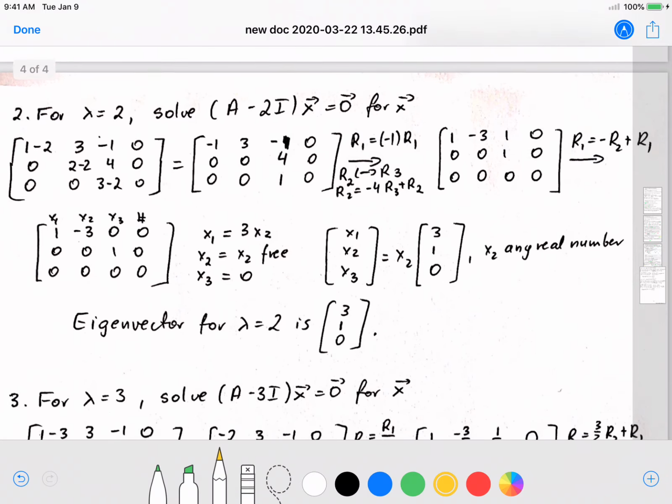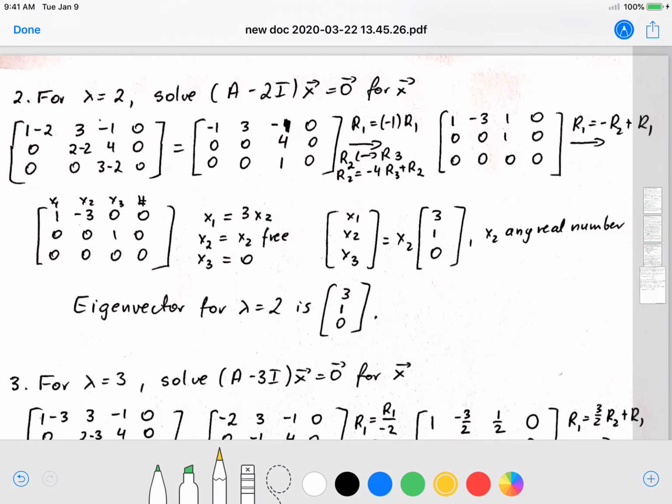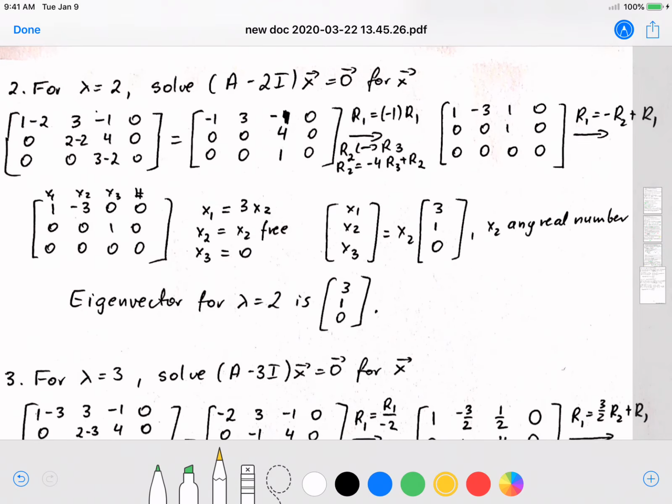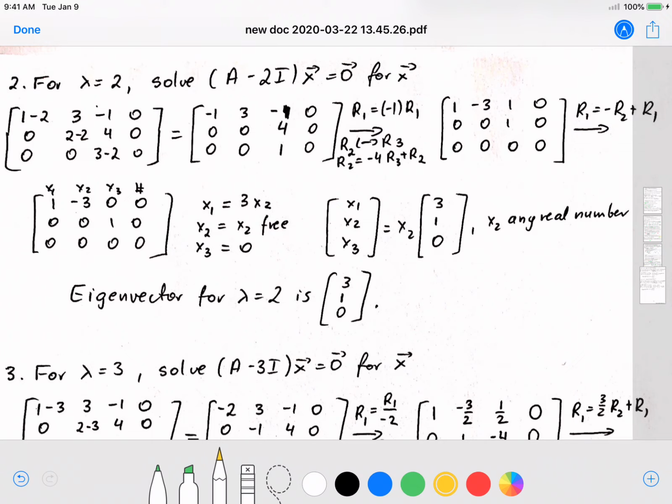So for the eigenvalue 2, we have to solve this equation for a non-zero vector x. That means we're subtracting 2 on the main diagonal from the original matrix, and this one is the zero column.